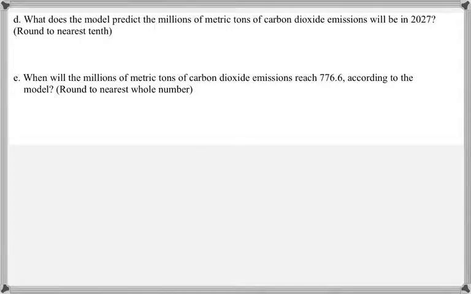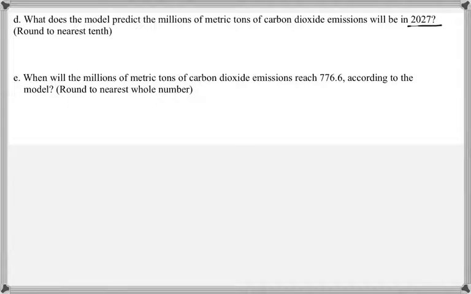So they actually want us to now use the regression equation. Part D says, what does the model predict the millions of metric tons of carbon dioxide emissions will be in 2027? When they say 2027, we need to know what they're talking about. First of all, is this an X value or a Y value? Well, it's an X value because all of our years were X's. That's what we entered in the first list.